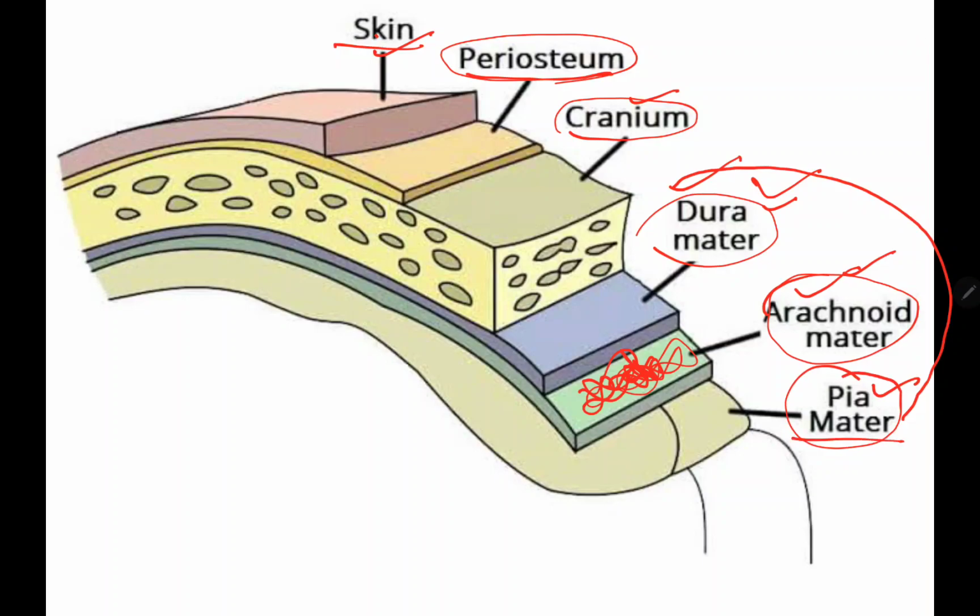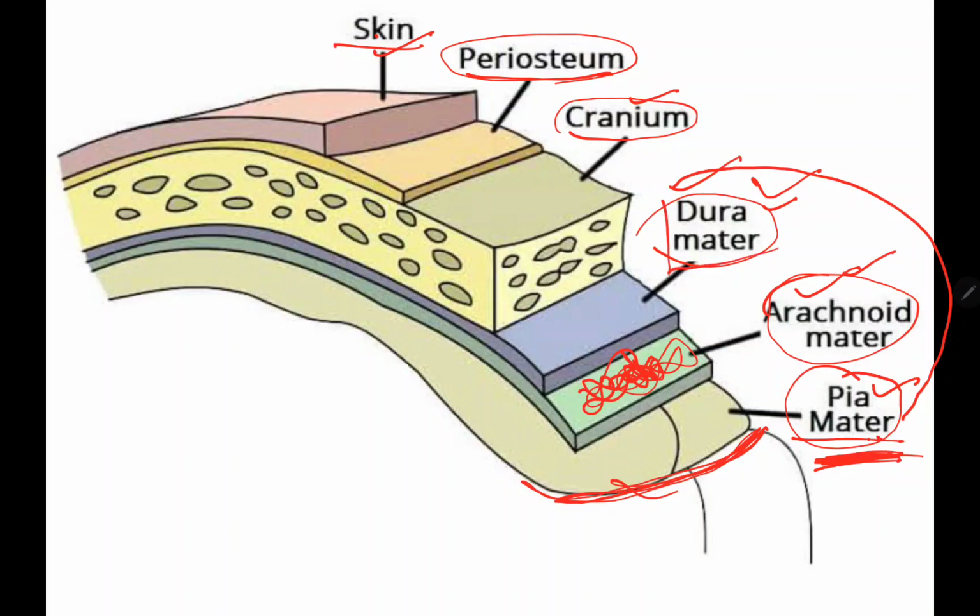And the last one is your pia mater. It is also a thin membrane, and it is the innermost layer, and it is a highly vascularized membrane. It is very closely attached to your brain tissues.